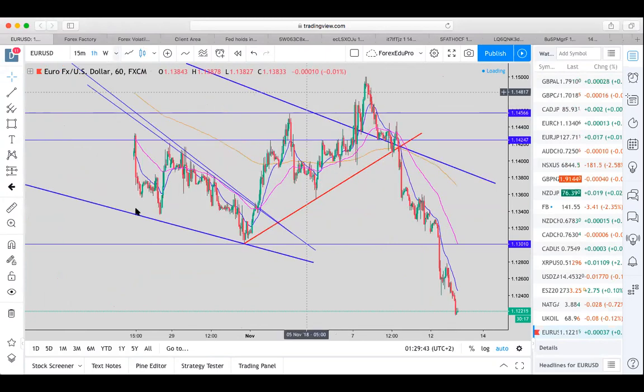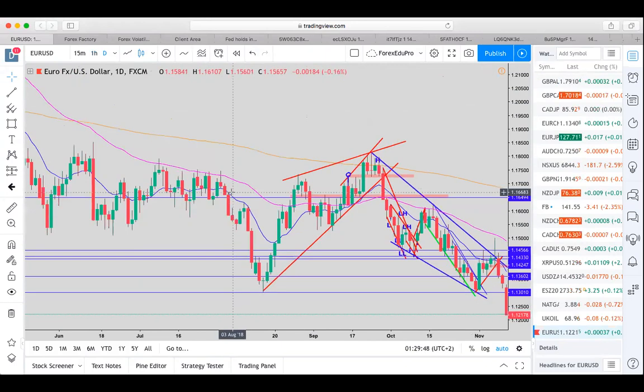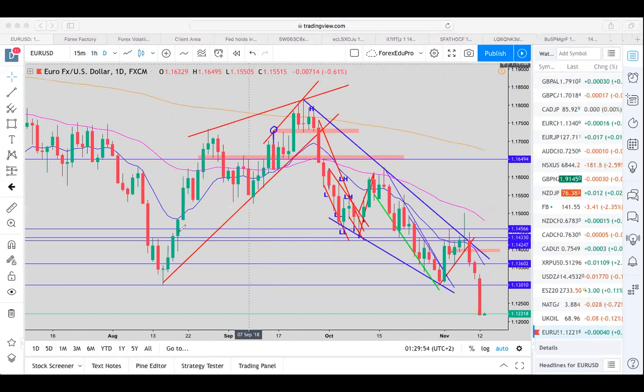So let me first change it to 1 day. Okay, so on the daily graph, ascending structure. You see, ascending structure.